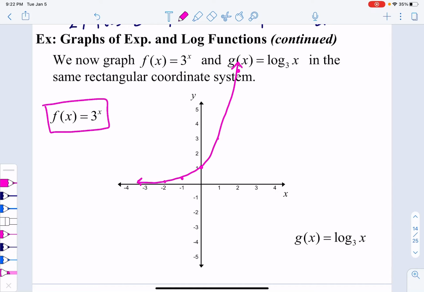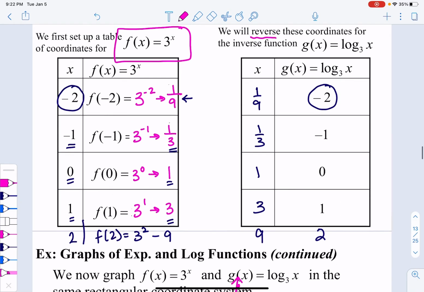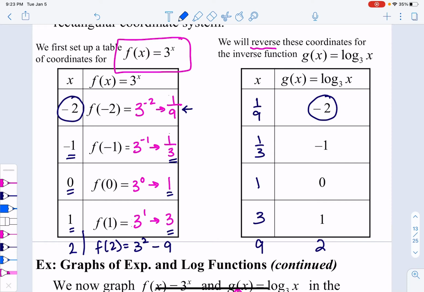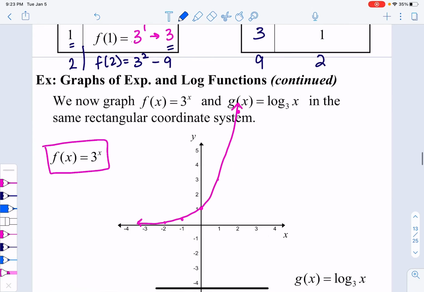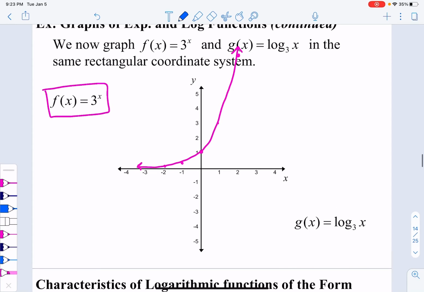Then all we're doing to graph the logarithmic function is graphing the table we made, which was reversing our x and y values. I'm going to do this in a lighter blue. For my logarithmic function, I'm going to look at an x value of 1/9 and a y value of -2. That means I'm going to go over to 1/9, which is not very far off of 0, and go down to -2.